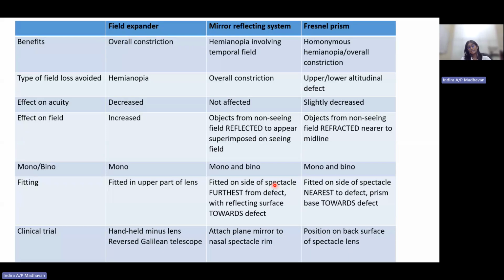Next is the mirror reflecting system. The function is similar to when you're driving at a corner.